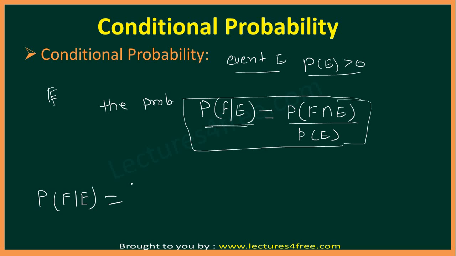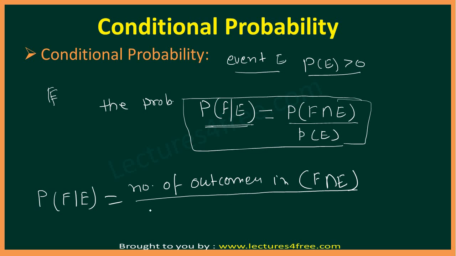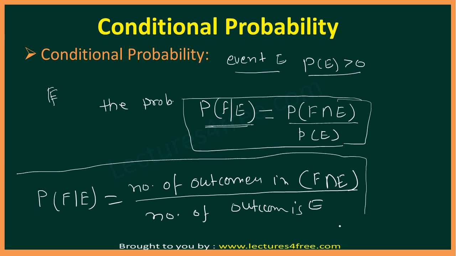So we can write it as the number of outcomes in F intersection E divided by the number of outcomes in E. So this represents the conditional probability of F when E has already happened.